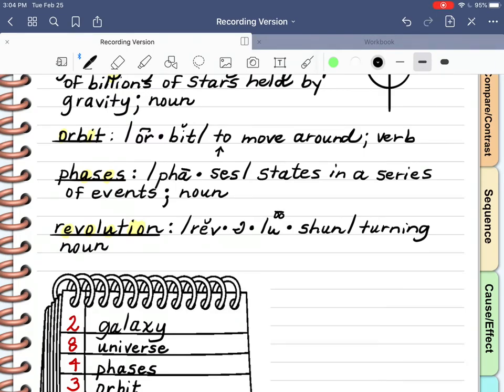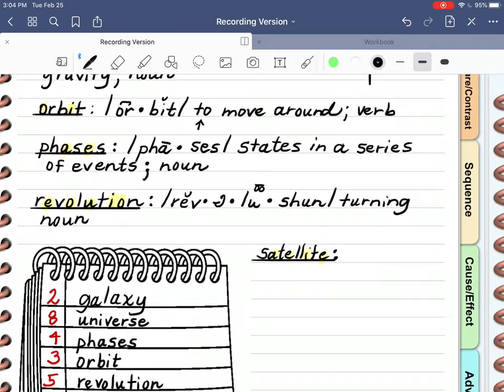The next word is satellite. Satellite. Okay, I see some double consonants in there, so I know we'll have a break. We have sat, I. And we also have an E. All right, so we could have 4 syllables. We're not sure, but let's see what we have.